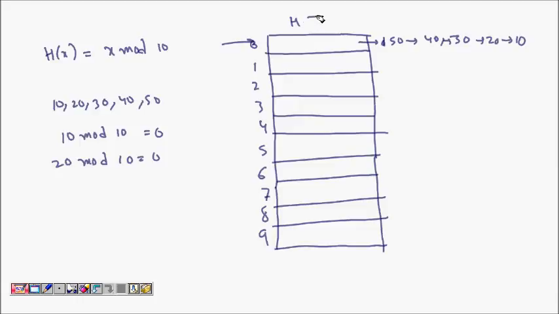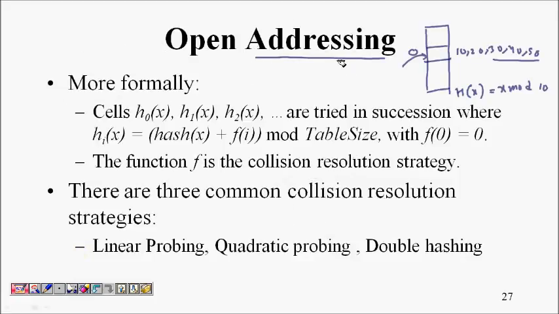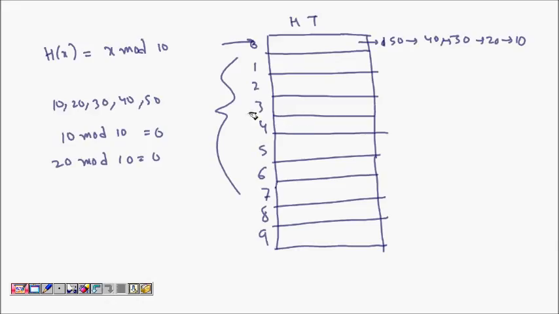But there are so many places in the hash table itself where memory is free, while we are using extra memory in this linked list. We want these memories to be utilized, and that's why the concept of open addressing came about.